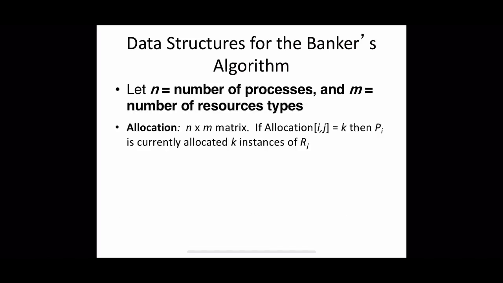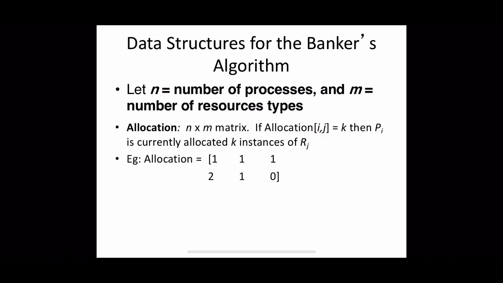Like that, we have the third data structure, that is Allocation, which indicates the current allocation state of each process. It's an n by m matrix where n is the number of processes. So if Allocation[i][j] = k, it means currently k instances of resource type Rj are allocated to process Pi.